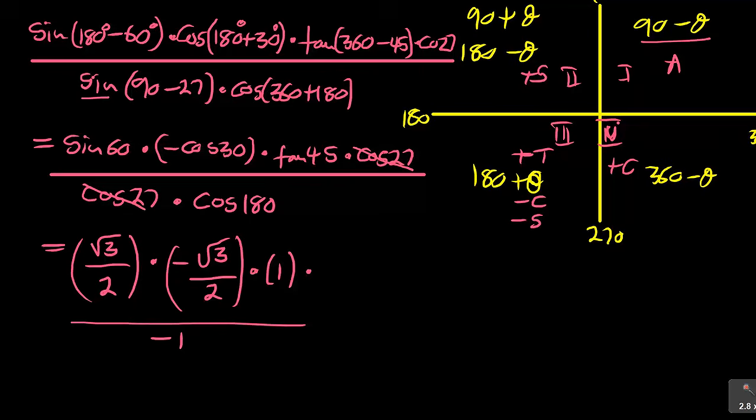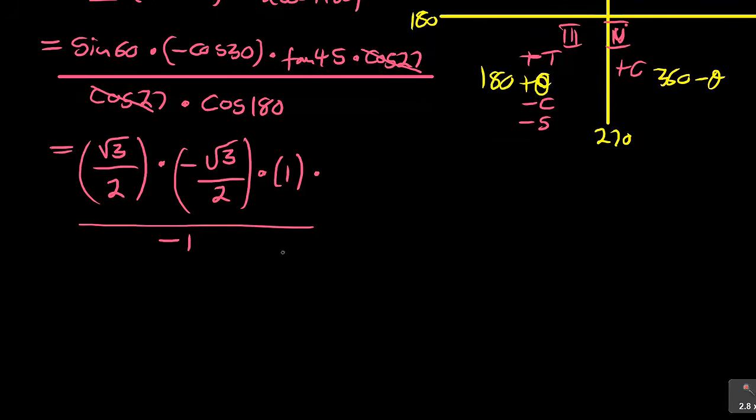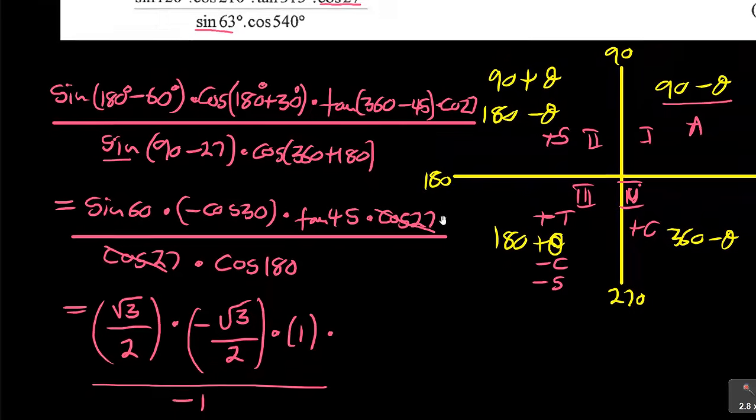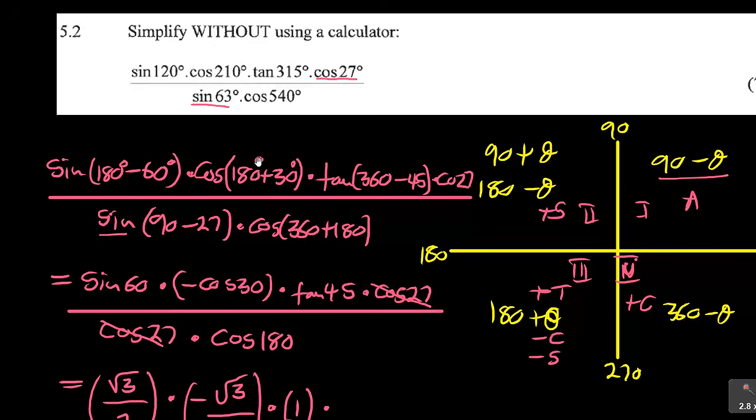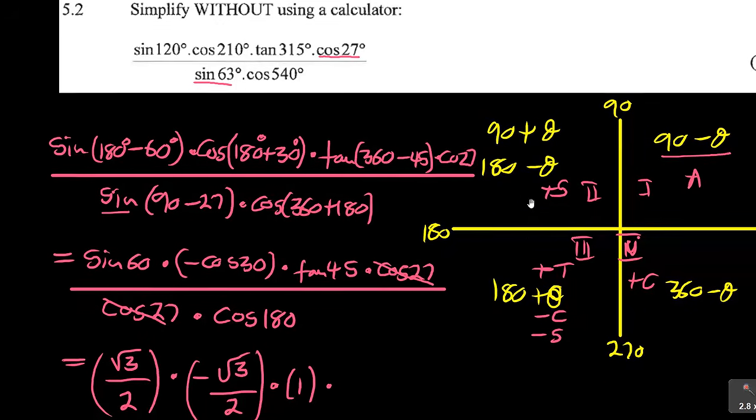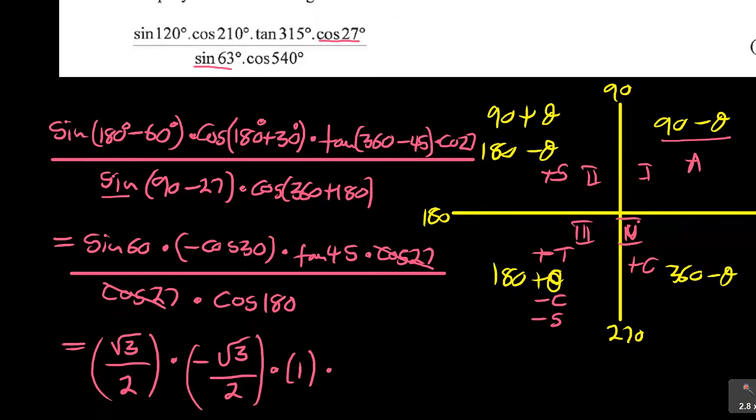So when you simplify this further, what you have is equal to, square root of 3 times square root of 3 is 3, over 2 times 2 is 4, with a negative. Just to be careful here, the negative was from that. So now there is a negative. You see, I was dealing with cos. Now tan, this tan, I say tan 360 minus 45, and in this quadrant tan is negative.